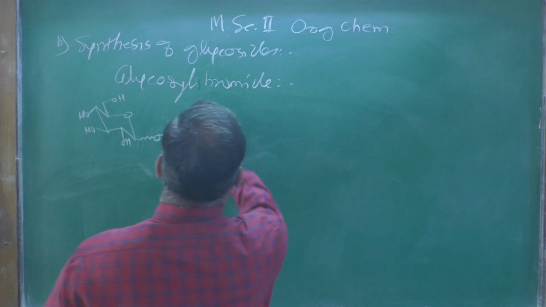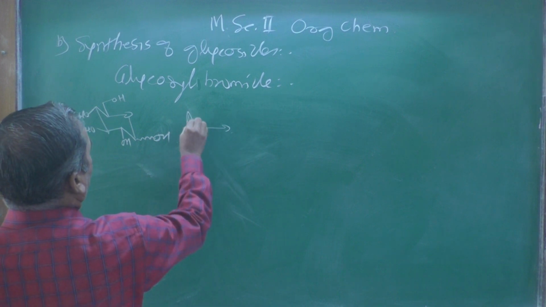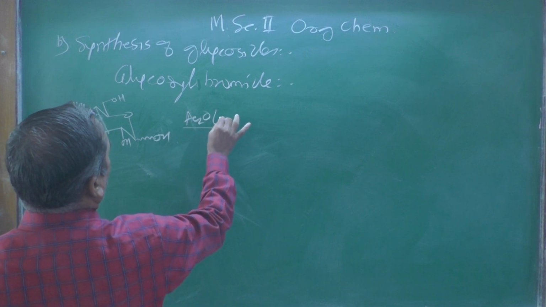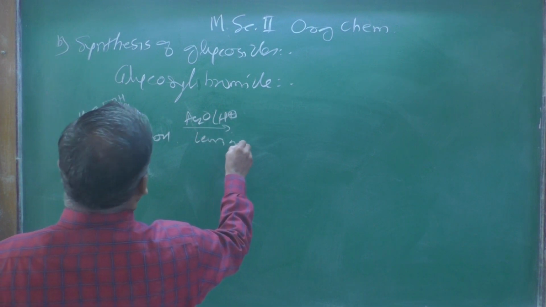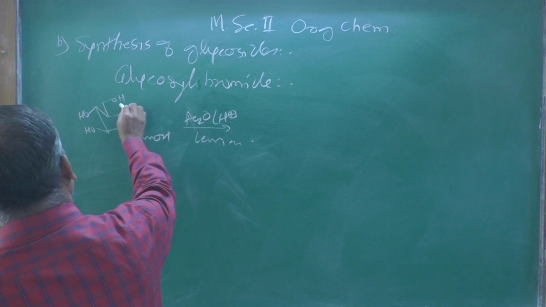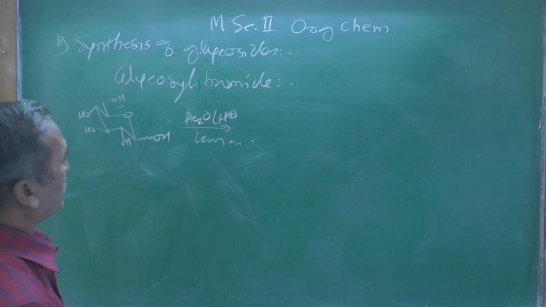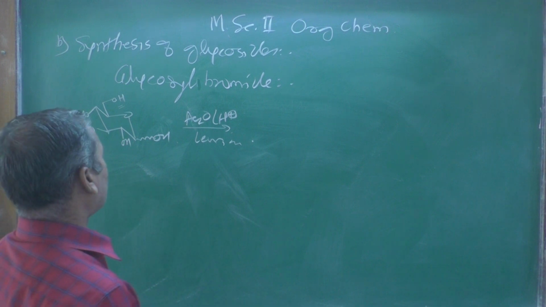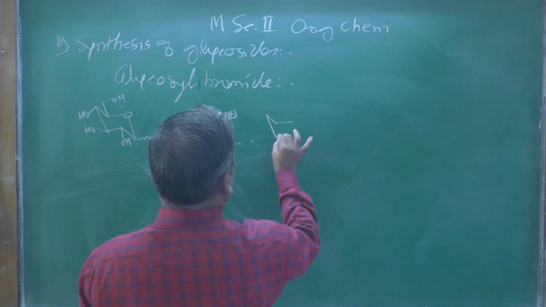What do you get over here if you use Ac2O in the presence of H plus, that is a Lewis acid? The primary alcohol, which is free here, is more reactive toward acetylation, and therefore you are going to get that first.